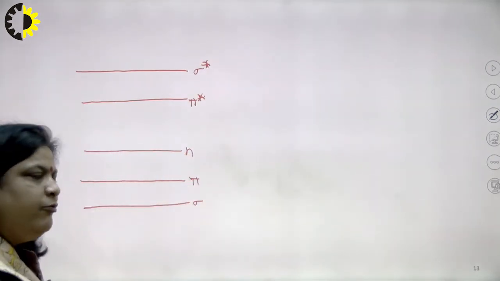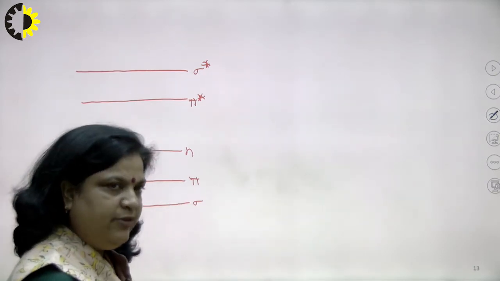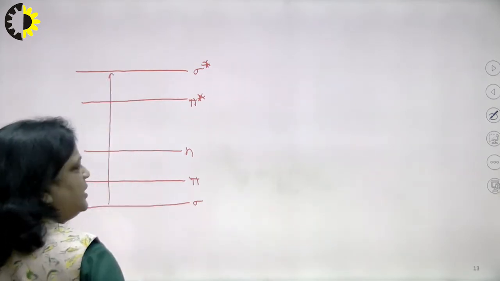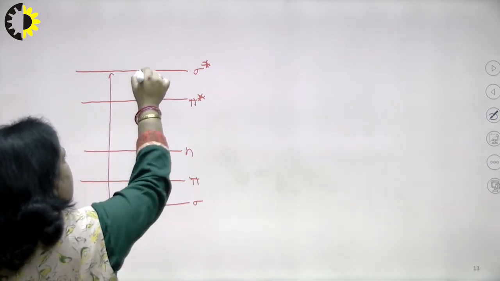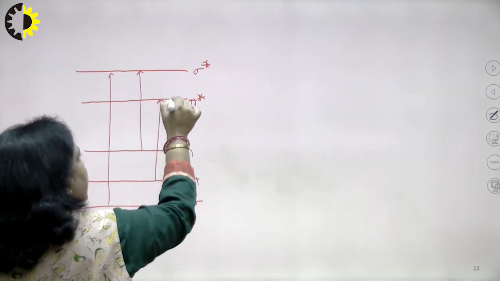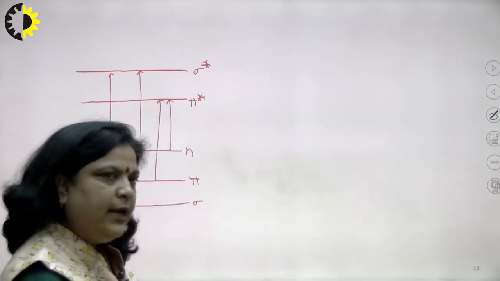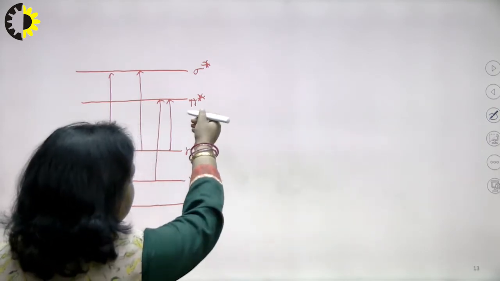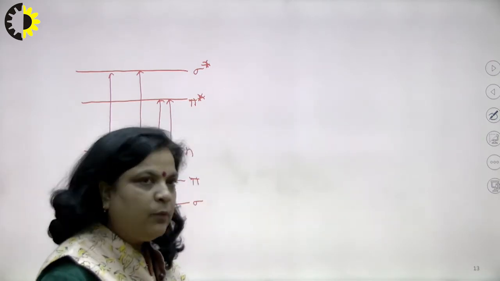If we compare all 4 transitions possible in a molecule when we pass ultraviolet or visible radiation, the first transition is sigma to sigma star, second n to sigma star, third pi to pi star, and fourth n to pi star. So, all these 4 transitions are possible or allowed. Other transitions are also there, like sigma to pi star and pi to sigma star, but these transitions are symmetrically forbidden.